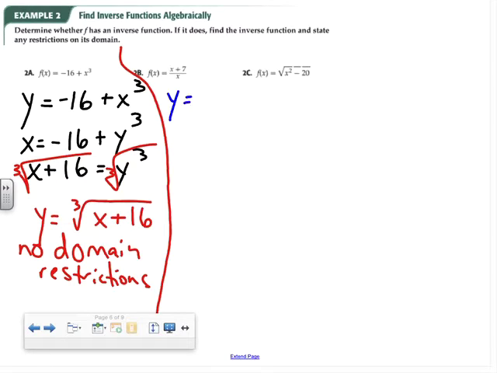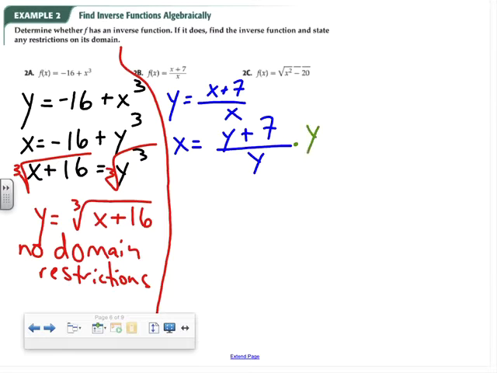So I know that this function has an inverse. Let's find it. y equals x plus 7 over x. I switch my x's and y's, so x equals y plus 7 over y. I've got to get my y's together so that I end up with just one y in this equation, but that y being in the denominator is kind of a fly in the ointment.